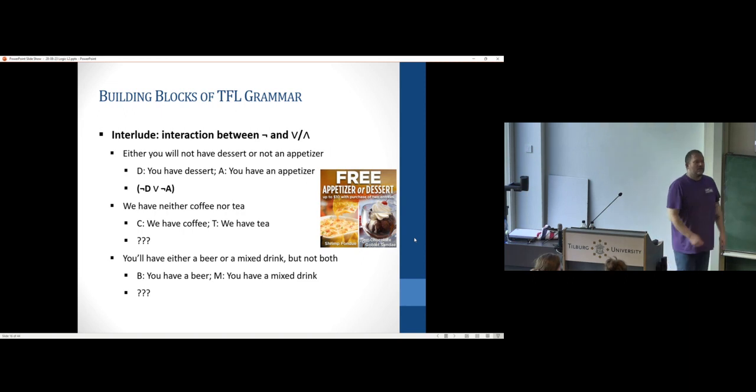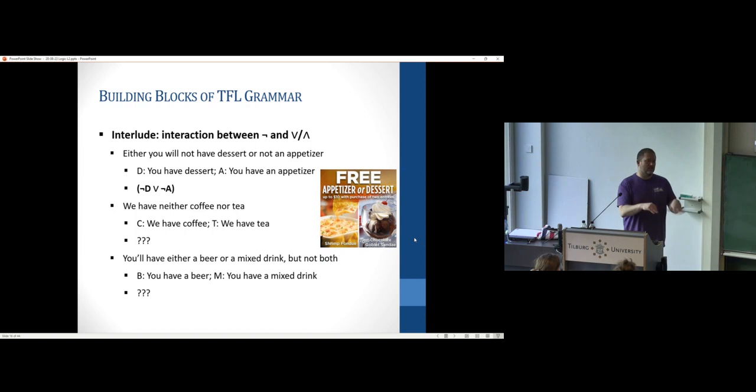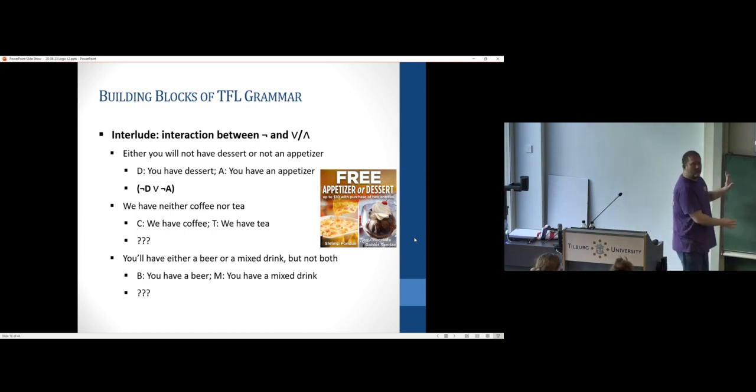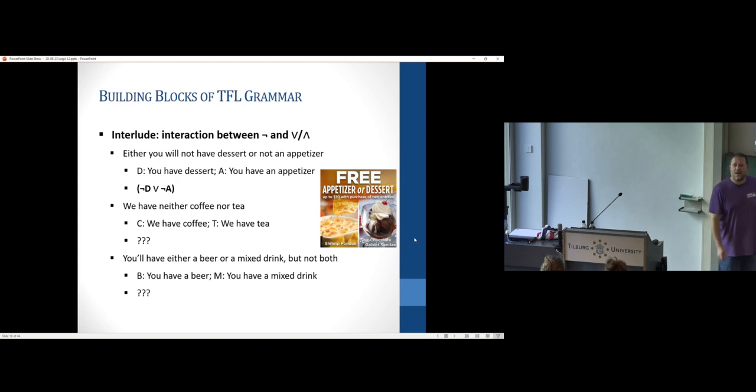Importantly, the solutions book is only ever going to give single options, but almost always there are going to be multiple possibilities here. From the point of view of TFL, these are the same. So either not having a dessert or not having an appetizer is the same as not having both an appetizer and a dessert.